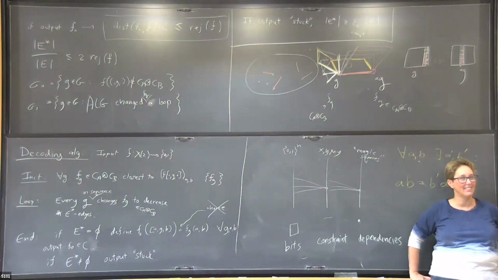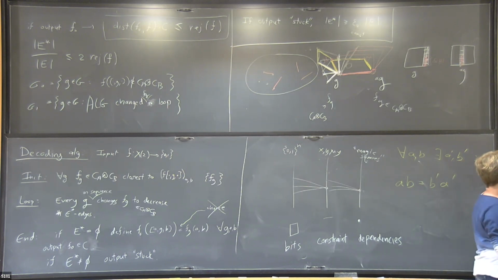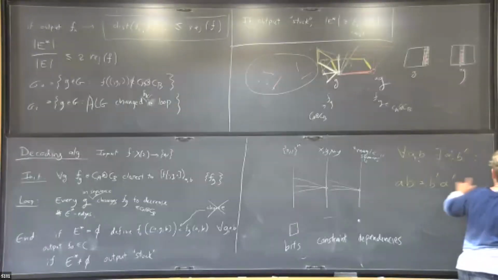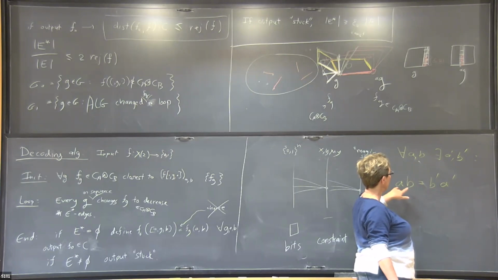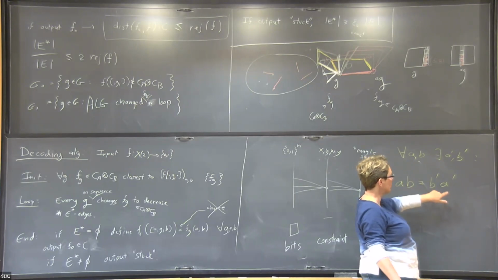Is it possible that this could work with both sets A and B acting from the left, from the same direction, just with some extra conditions on A and B? Well, you need to close the square. So for example, if you had this situation, you're multiplying all the time from the left. But whenever you multiply by B and then by A, there's a way to flip it and multiply first by A prime.